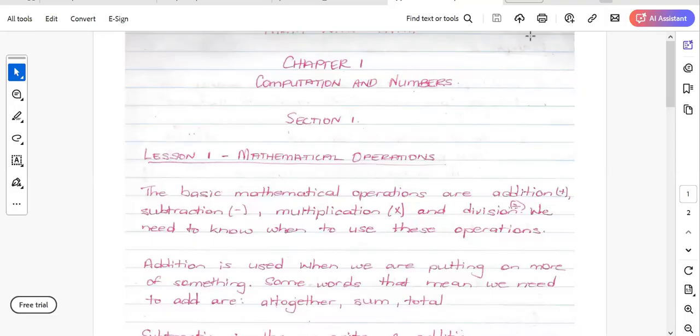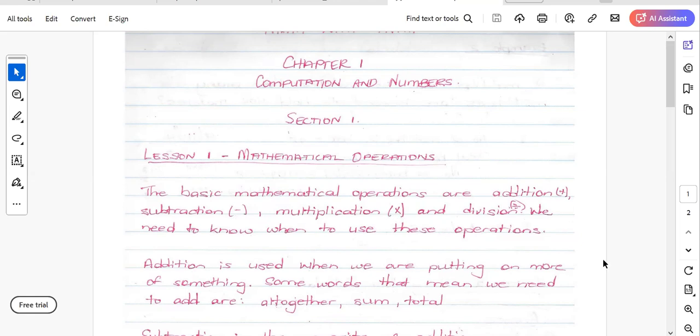Okay, so this is the first lesson, chapter 1, section 1, and it's about mathematical operations, computation and numbers, right? Everyone knows mathematical operations. That's just a big way of saying addition, subtraction, multiplication, and division.